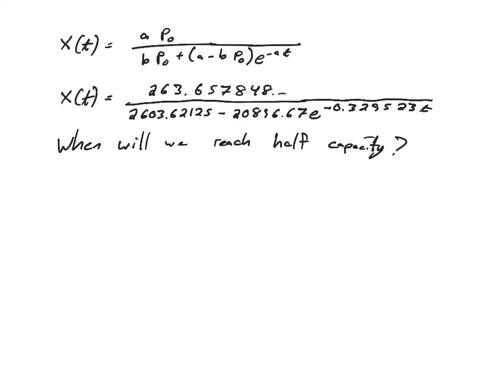And that can be done with just saying, when is this just equal to half capacity? So it's 7,900 divided by 2, which is equal to 3,950. So let's go ahead and solve that.